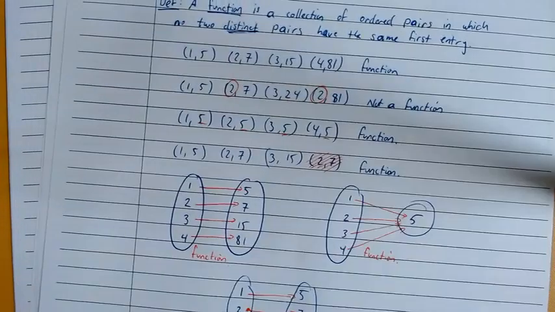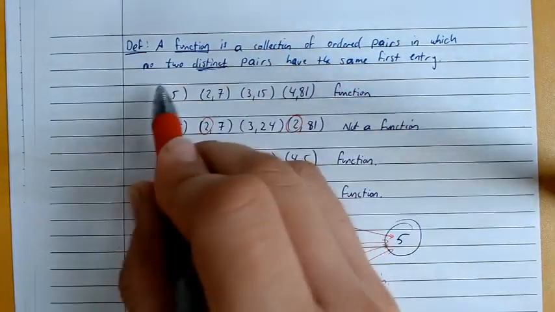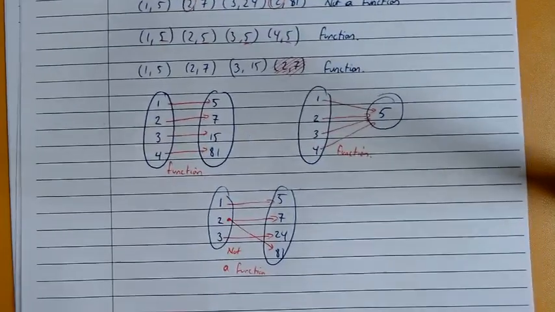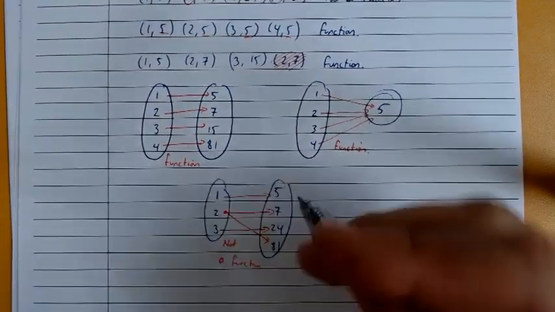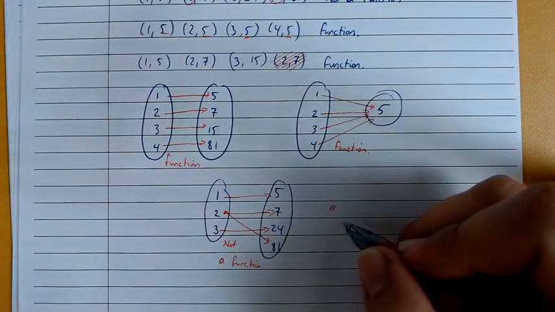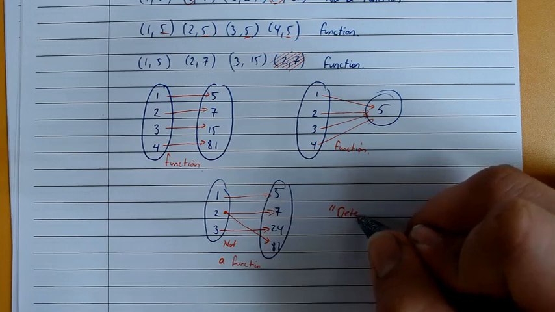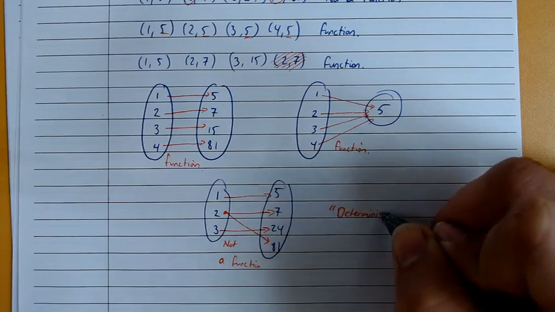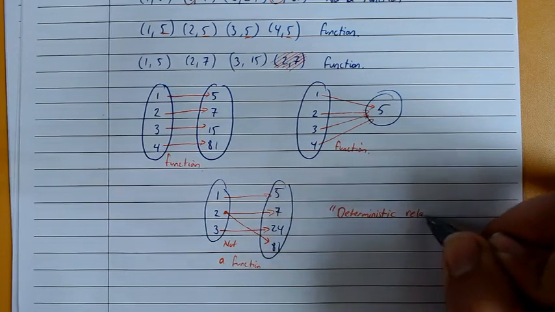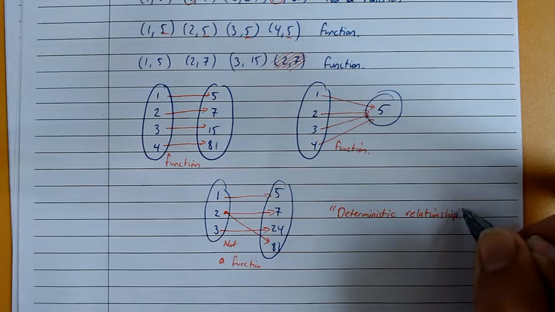So, even though the definition of a function is this, a function is a collection of ordered pairs in which no two distinct ordered pairs have the same first entry, one way you could think about a function is, and again, this is not a formal definition, this is just a way of thinking about it, it is a deterministic relationship.